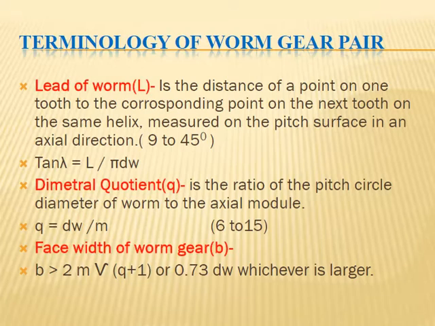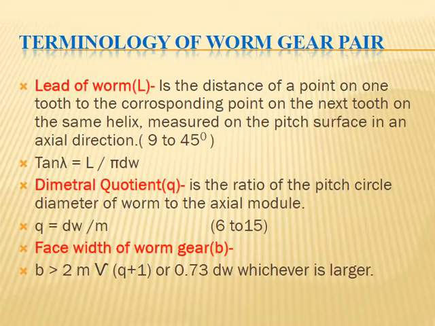Okay. Now the next one is the diametral quotient Q. The diametral quotient is the ratio of the pitch circle diameter of the worm to the axial module, which means Q is equal to dw divided by m, and it has a range of 6 to 15. But while selecting this diametral quotient, we must know its importance.